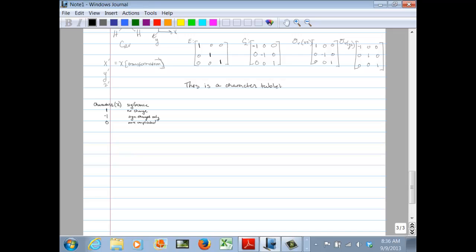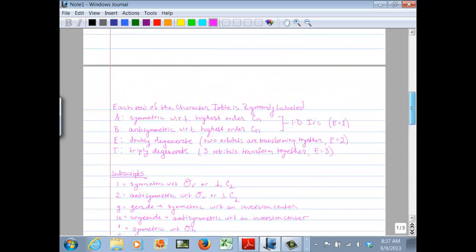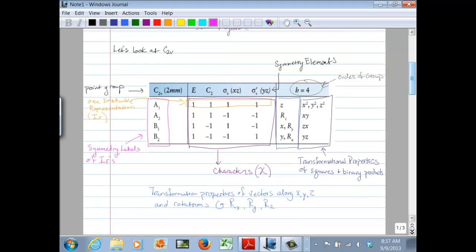So notice in a C2V there are 4 irreducible representations. 3 of them come directly from this matrix. So I'm going to kind of draw the character table down. I'm going to circle all of my X coordinates here, okay? Let's look up at that character table. Where's X? Here's X down here. Yeah, the B1.